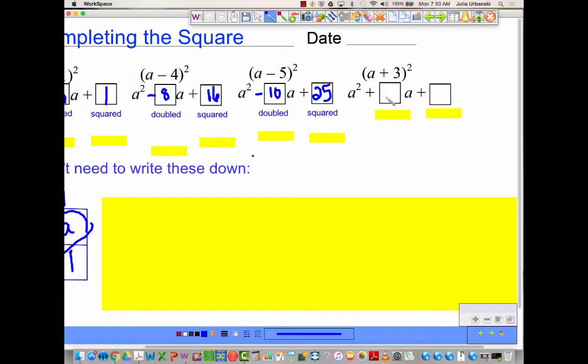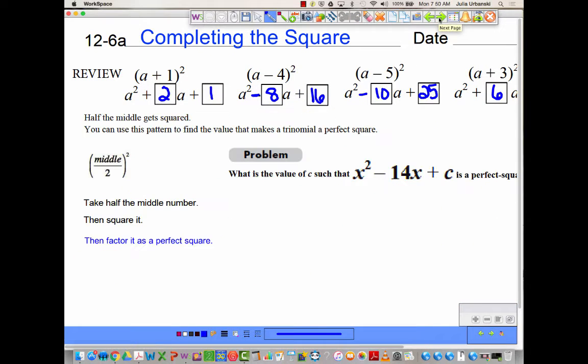The middle number is twice as big, the last number is squared. This one, what would be the middle number? 6, and what would be the last number? 9, okay? That's called the perfect square. And that's what we have to do in order to complete the square. We have to make the perfect square in order to complete it. So let me show you the examples of what you're going to be doing today. They're really pretty simple, and you're going to have lots of time.